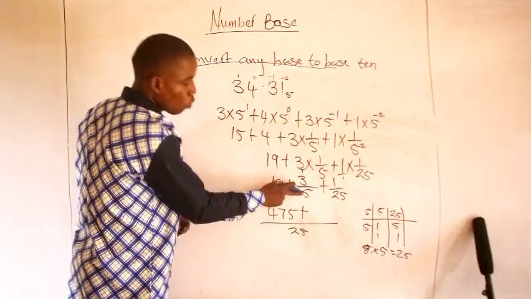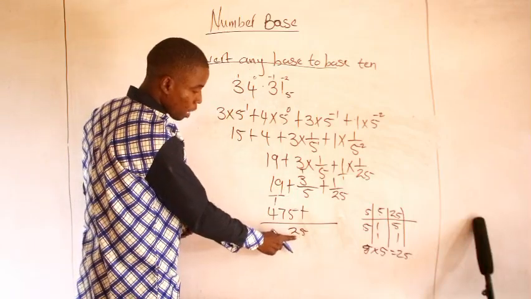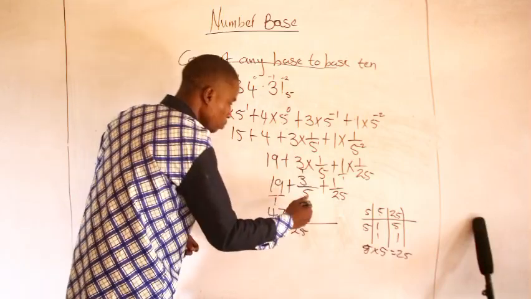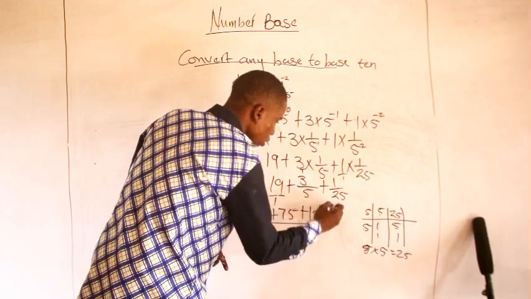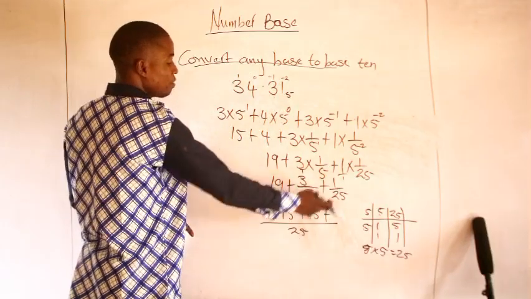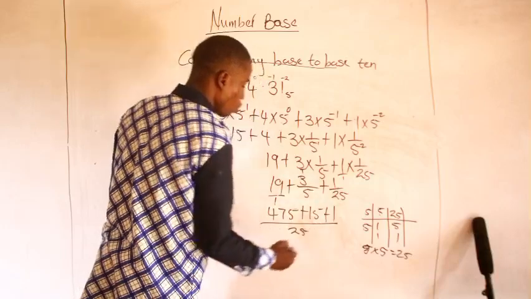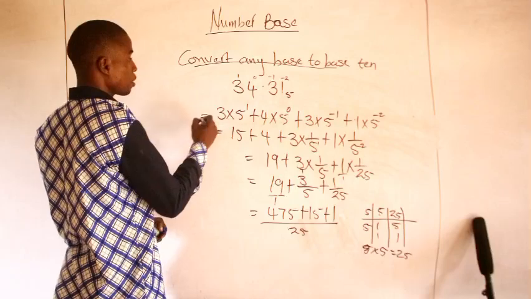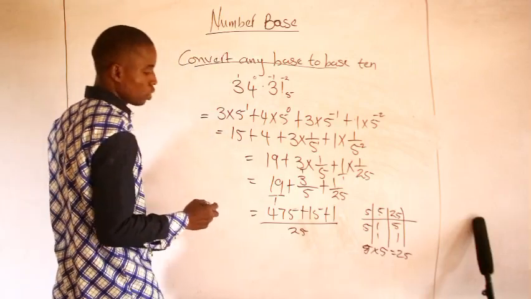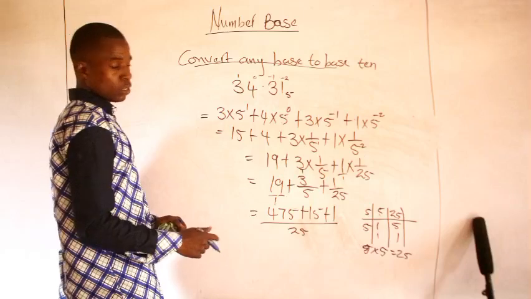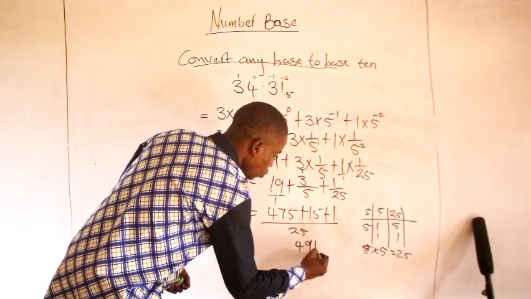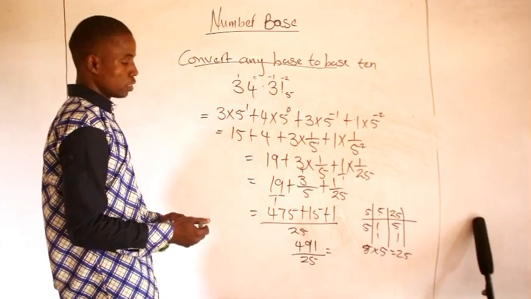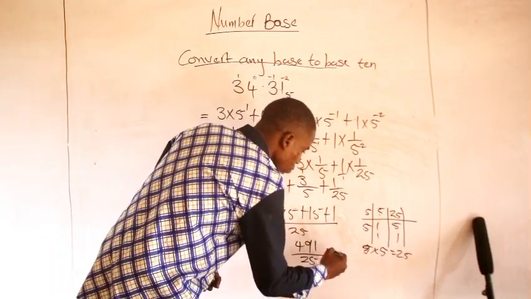Plus 25 divided by 5 times 3, which gives 15, plus 25 divided by 25 times 1, which is 1. Add all of them for me. Make sure you are putting the equal sign, it's very important in mathematics. Adding all of them gives 491 all over 25. Use your calculator to divide it: 19.64.